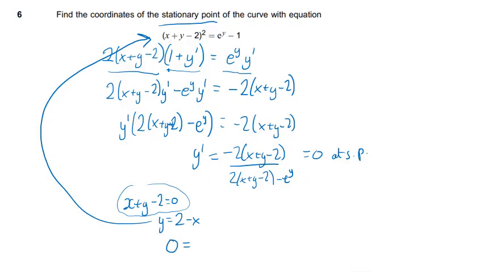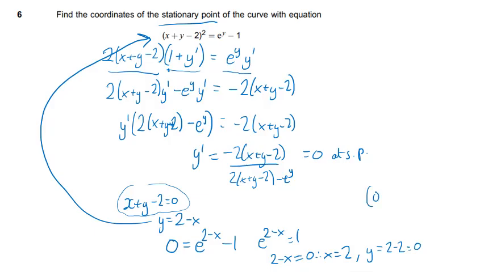And on the right-hand side, we're going to get e to the power of y, which is 2 minus x, minus 1. So e to the 2 minus x equals 1. And we know e to the power of 0 is 1, so that tells us that 2 minus x is 0, so x is 2. And y is equal to 2 minus x, so 2 minus 2 is 0.